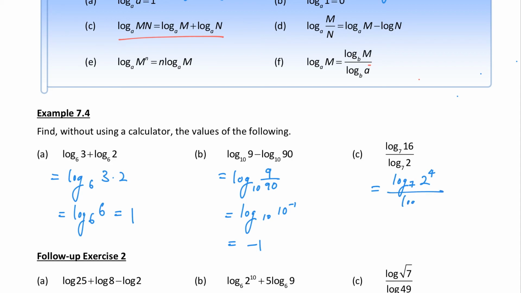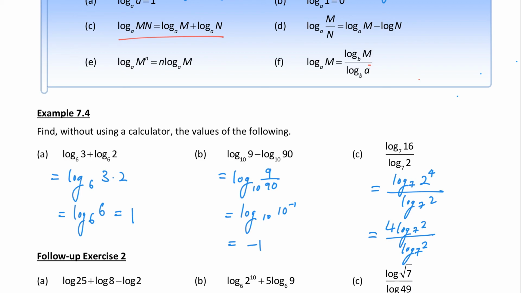Why do I want to change it? I want to apply the fifth property, log m to the power n. Then I can move the power in front of the function: 4 times log 2 with base 7 over log 2 with base 7.